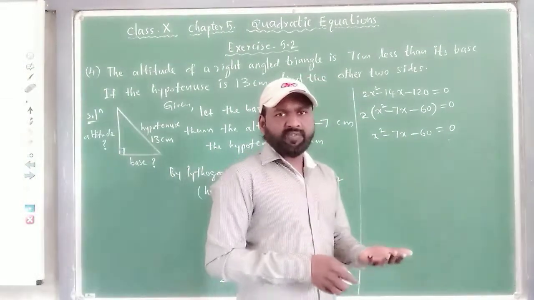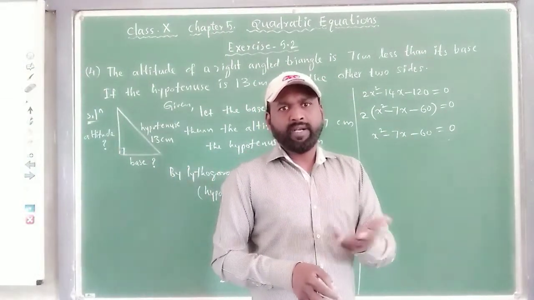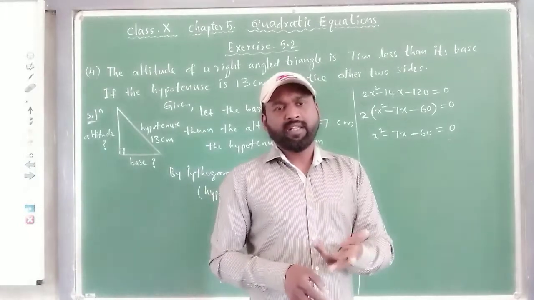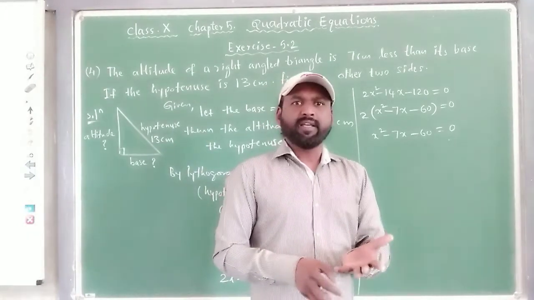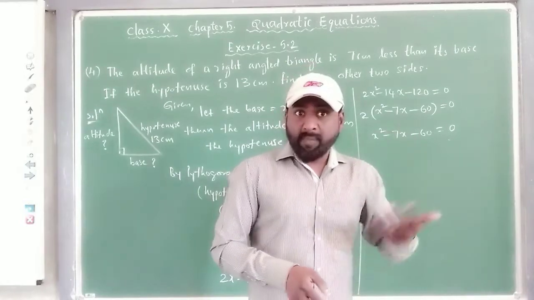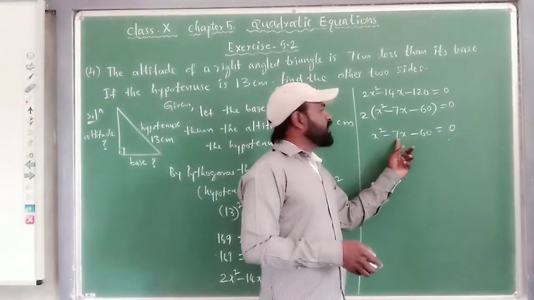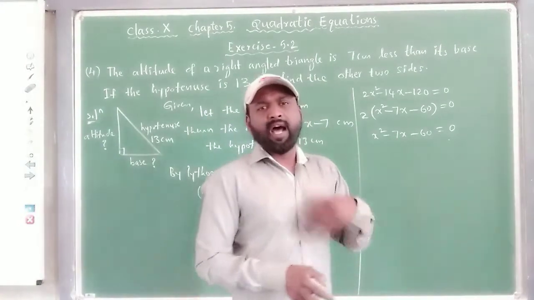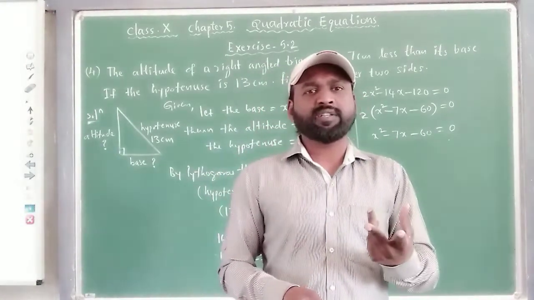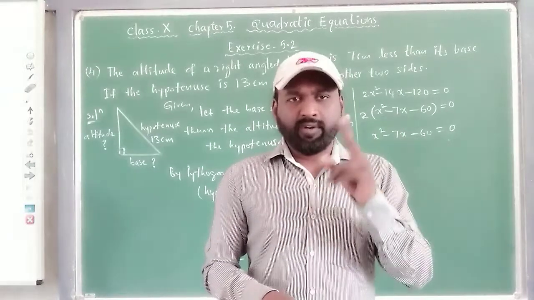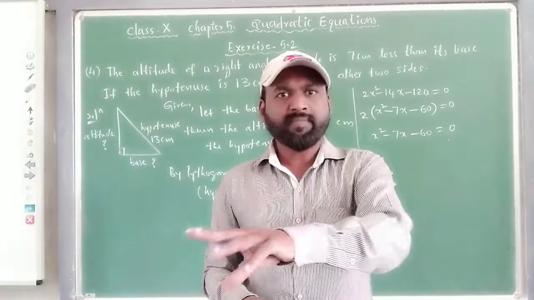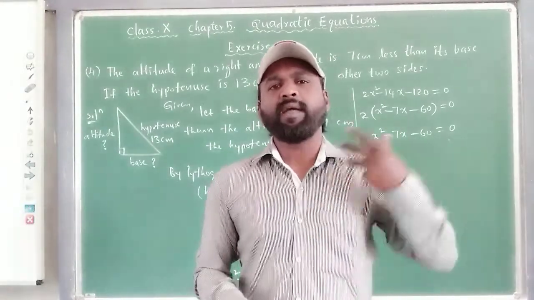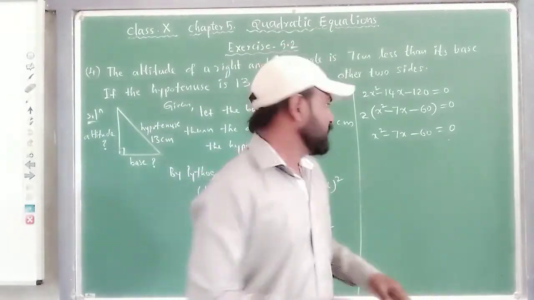There are many factors for 60: 1 into 60, 2 into 30, 4 into 15, 3 into 20. But all these pairs will not give us the x coefficient. What is the x coefficient? Minus 7 is there. In order to get 7, I am using the two factors 12 and 5. 12 minus 5 is 7. So I am using that combination of factors here.